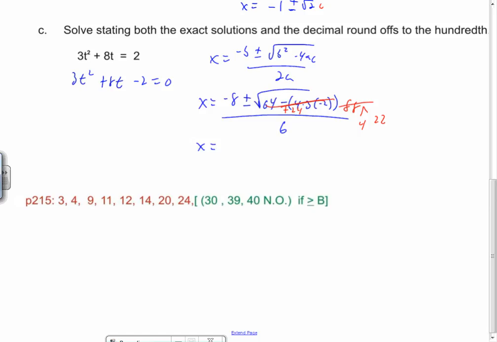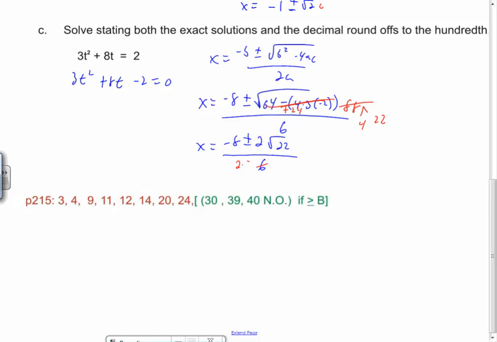So where are we at right now? X equals negative 8 plus or minus square root of 4 is 2 times square root of 22 all over 6. Here's the way I would simplify this.